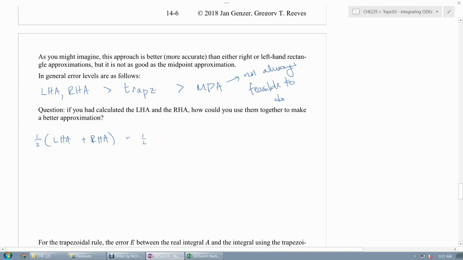Well, that's equal to 1/2 times the sum from i equals 1 to n of f of x_{i-1} times our delta x, plus 1/2 times the sum from i equals 1 to n of f of x_i times our delta x.